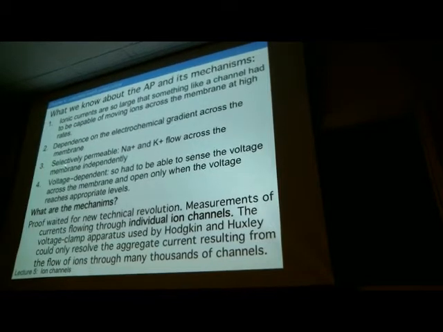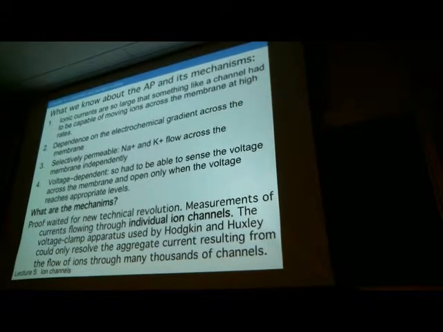We know that they're selectively permeable. They choose only sodium or potassium. We're going to look at more different kinds of channels. They depend on the electrochemical gradient. And so what are the mechanisms for creating this? We know how electrochemical gradients come about, but now we're going to talk a little bit about permeability and voltage dependence, and trying to really understand ion channels.